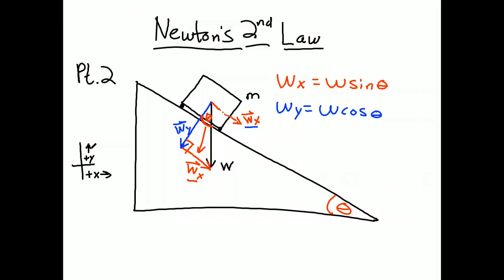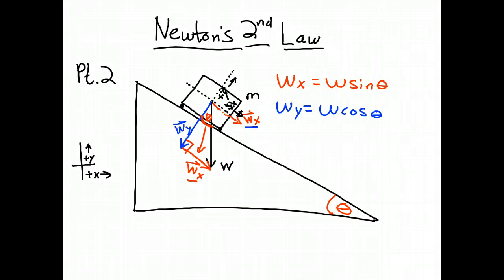That would give us a new axis where positive y is pointing up away from the incline and positive x is actually pointing down the incline.